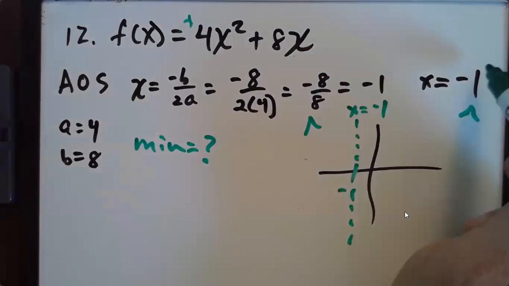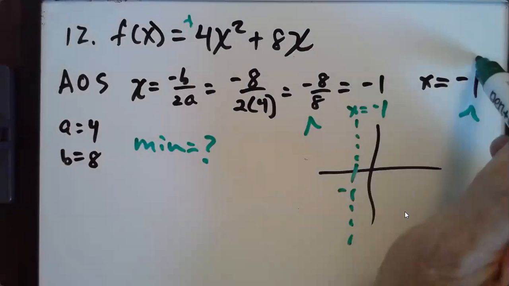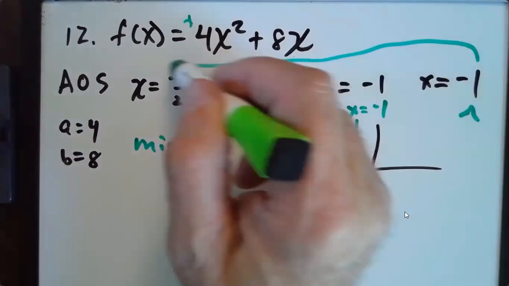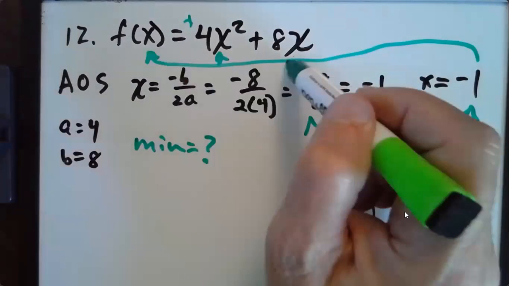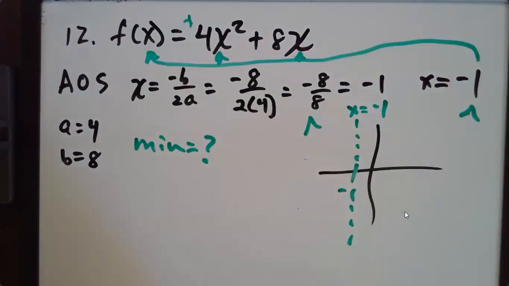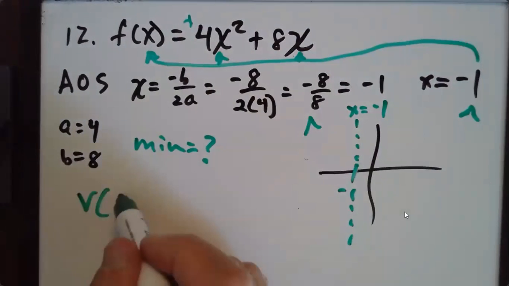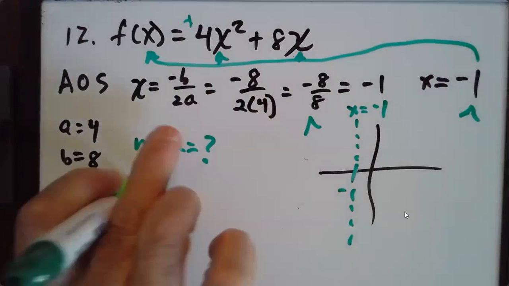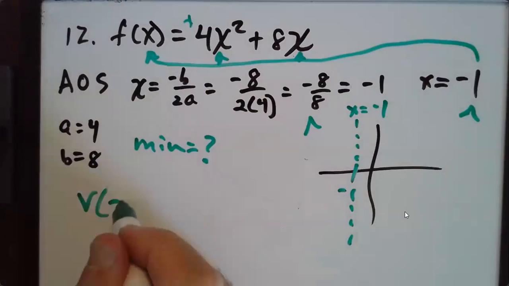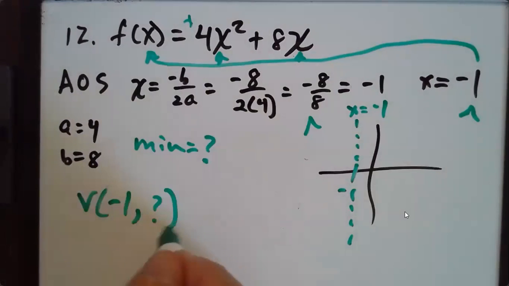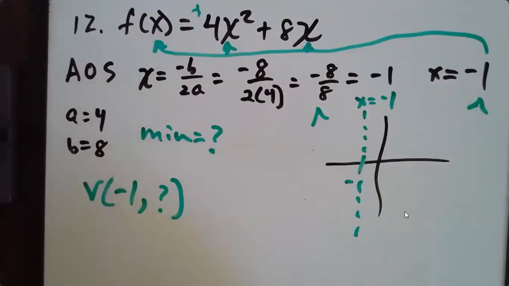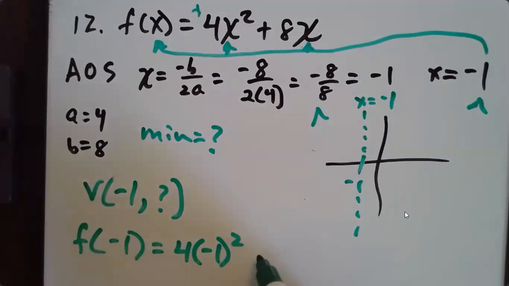Okay, so now, like you said, we substitute the axis of symmetry back in for x to find the vertex. So our vertex, we know, is -1, but we need to find the rest of it. So f of -1 equals 4 times -1 squared plus 8 times -1.